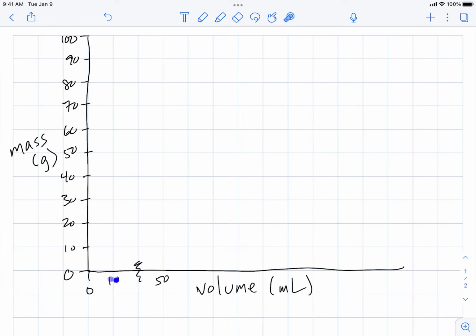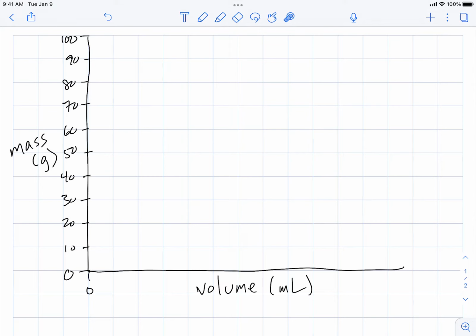But then each line won't be worth the same thing, so we don't want to do that. That squiggly line is no bueno. All right. So let's count our squares again. Let's not forget to do that. So 1, 2, 3, 4, 5, 6, 7, 8, 9, 10, 11, 12, 13, 14.